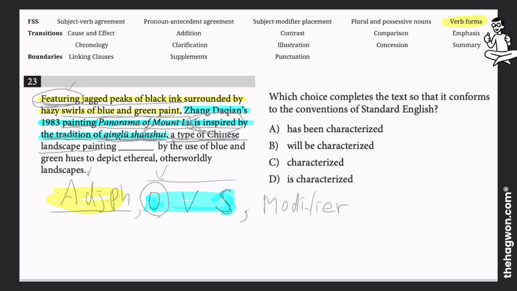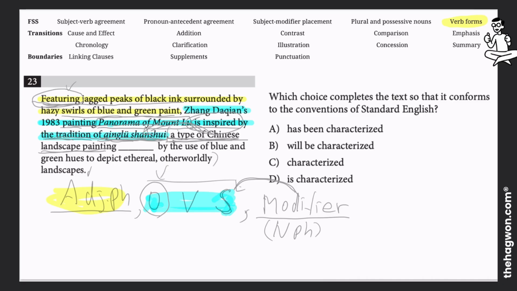A type of Chinese landscape painting is referring to qinglü shanshui. So this part is just a modifier describing qinglü shanshui. So this one, beginning with a type of Chinese landscape painting, is considered a noun phrase, which modifies our subject here.